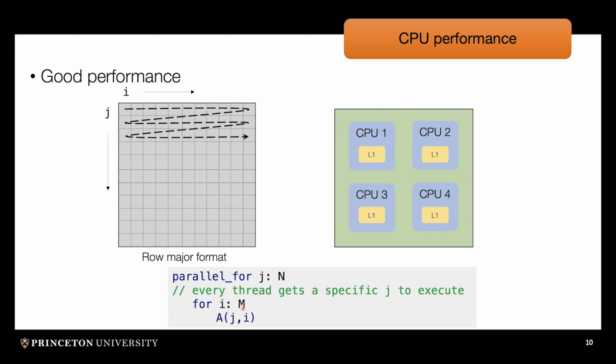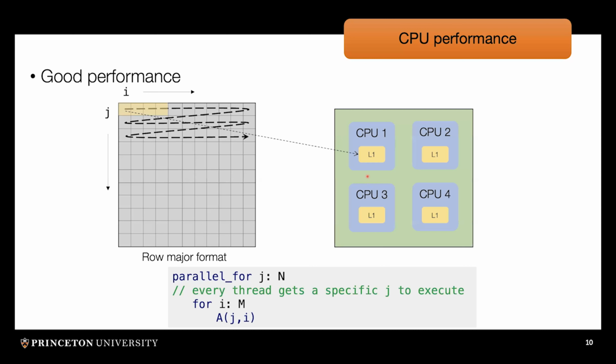In iteration 1, thread 1 will ask for its first element, that is A[0][0]. But because of the way cache lines work, rather than loading a single element, you would load n consecutive bytes, n being the size of the cache line, into the L1 cache.